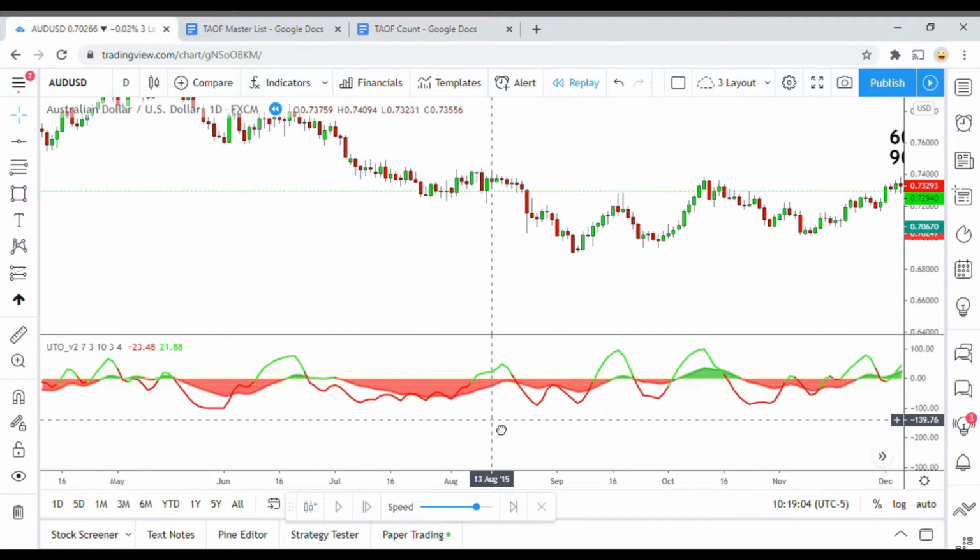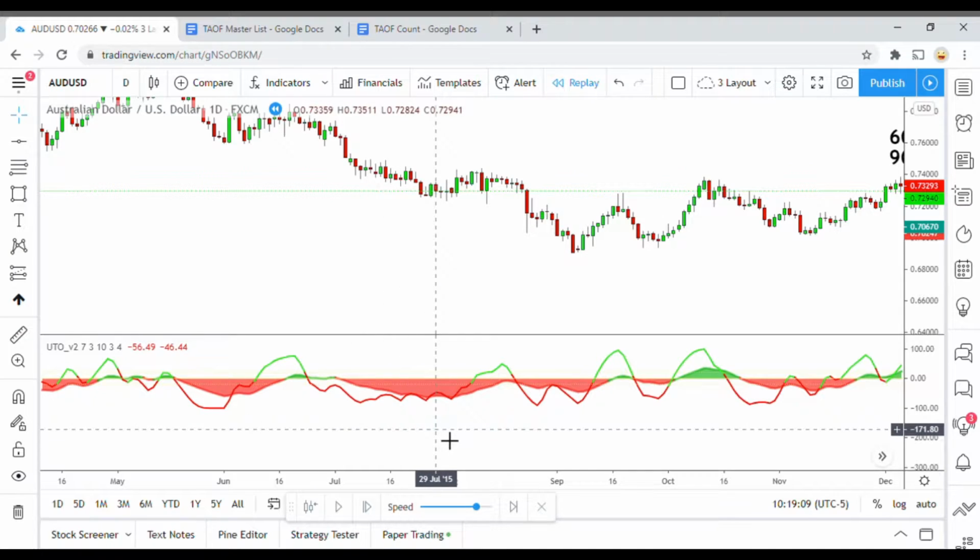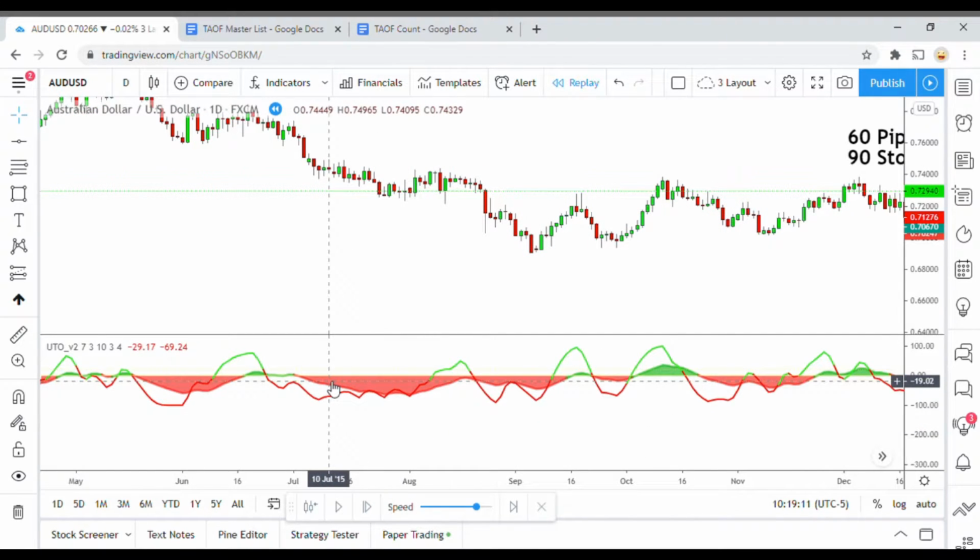And so the other way I would think intuition would tell me to trade this is, let's say the ultimate oscillator is down below the 0 line in the red position, and sentiment finally catches up and is also in the red position, and it goes green. We would ignore that as a buy because the sentiment doesn't line up with it.